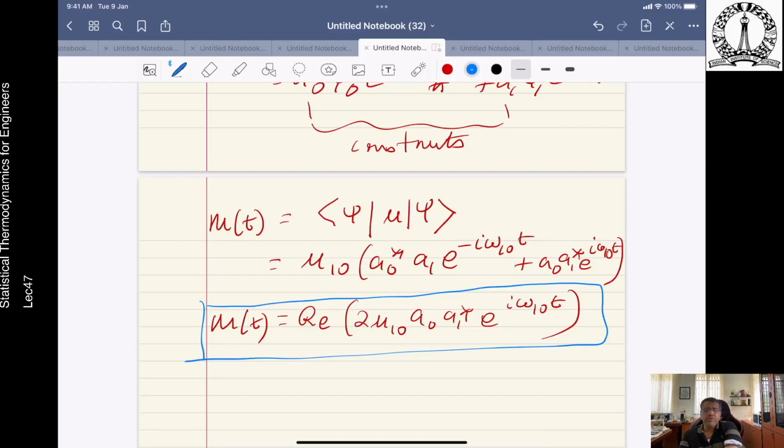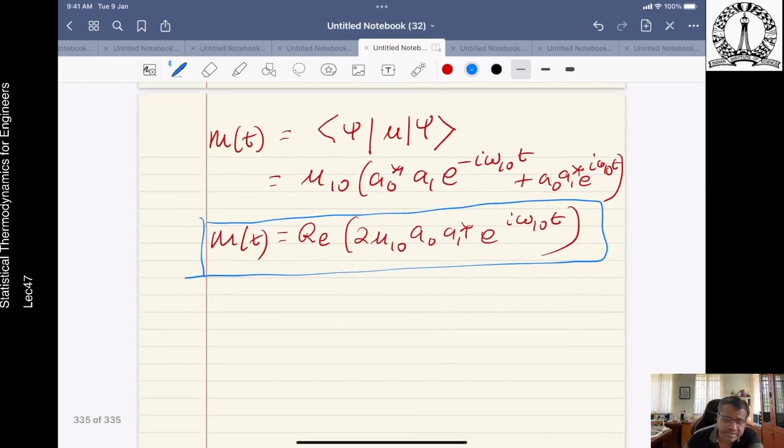So the dipole moment of the system oscillates at the Bohr angular frequency.